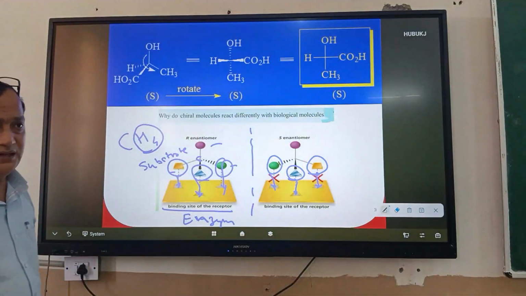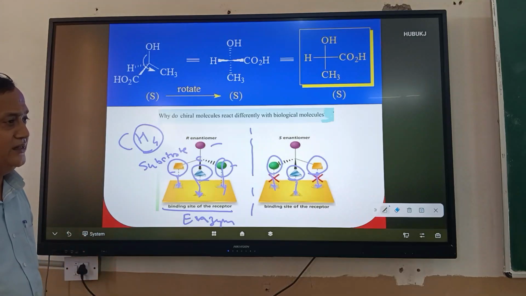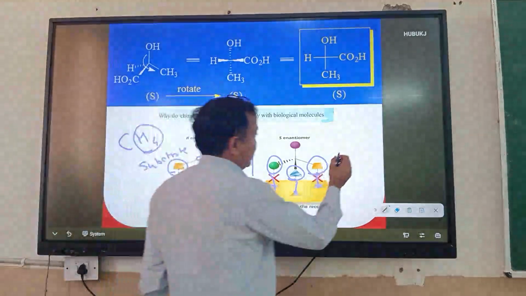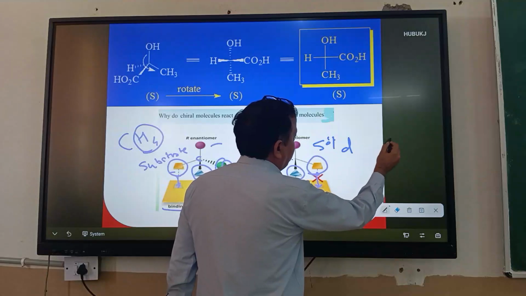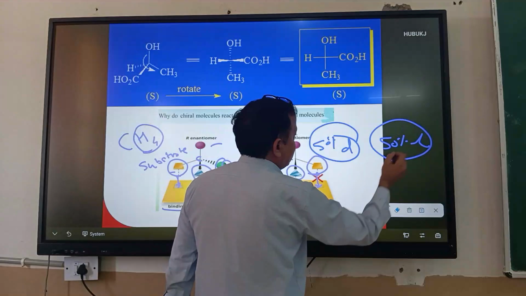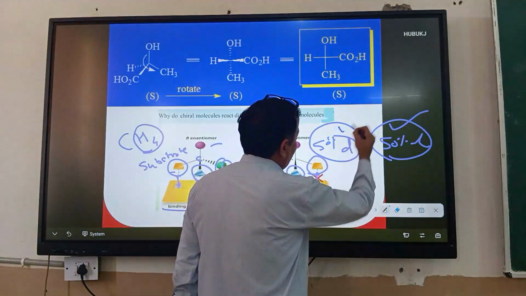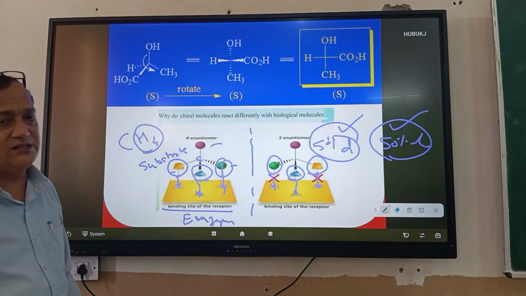So that's why I already told you that doctors nowadays recommend levocetirizine, not cetirizine, because cetirizine contains 50% dextrorotatory compound and 50% levocetirizine compound. Levocetirizine is anti-allergic and works for you, while the dextrorotatory cetirizine causes a sedative effect.